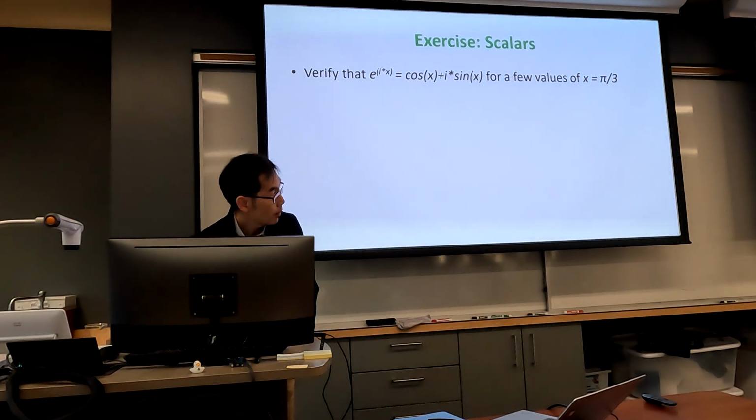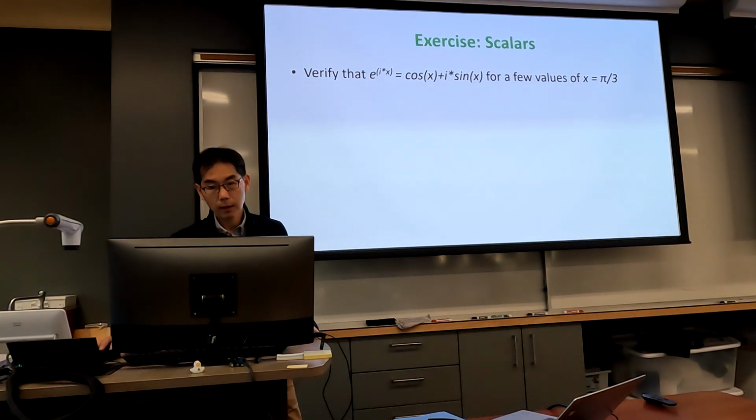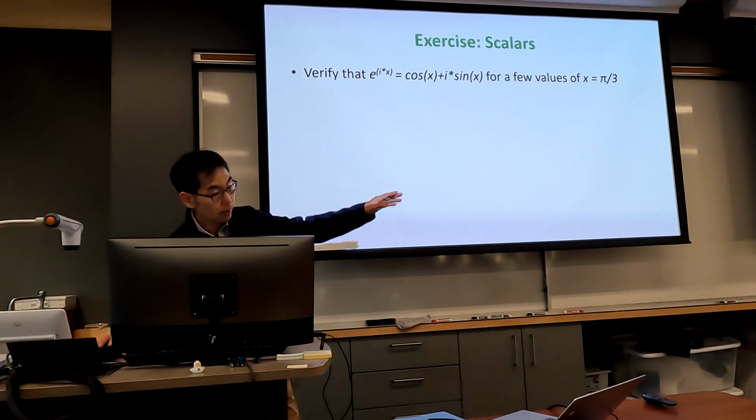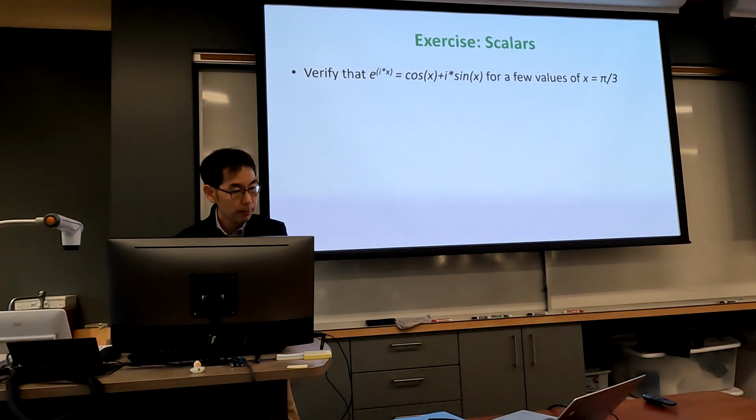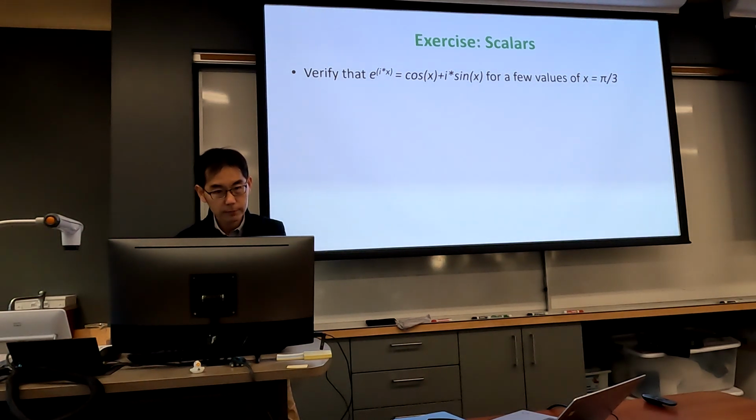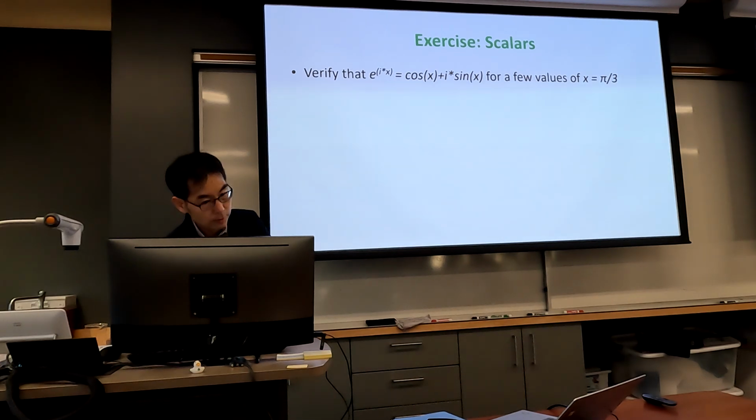While you're doing it, I'll do it myself on my computer in MATLAB. First of all, I need to input my x, which is pi over 3. So I just type pi over 3.